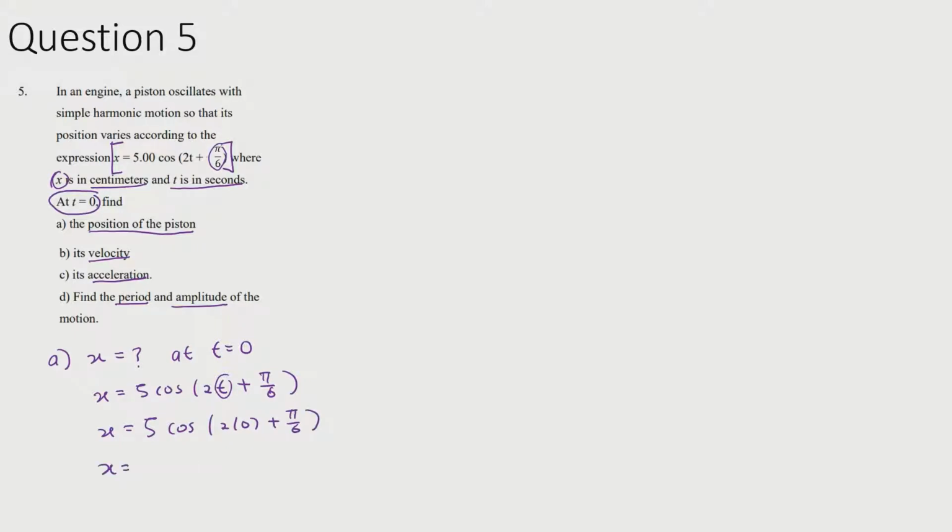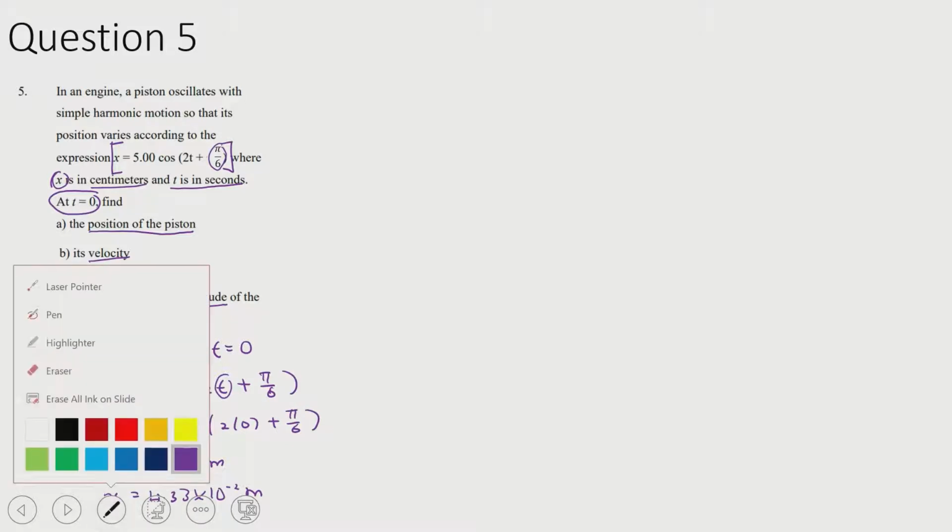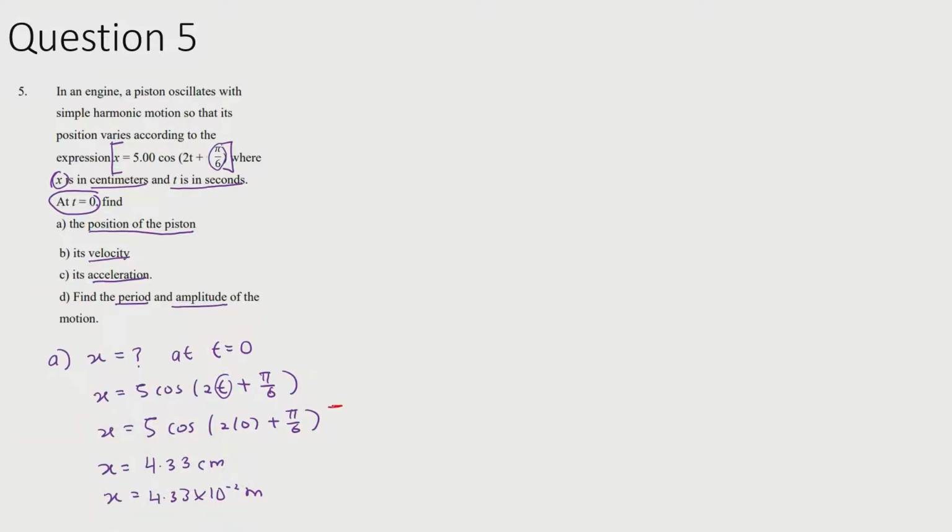And when you press the calculator, you will get your answer 4.33 centimeter, or x equals to 4.33 times 10 to the power of negative 2 meter. So when you are finding for your answer, you must make sure your calculator is in radian mode.